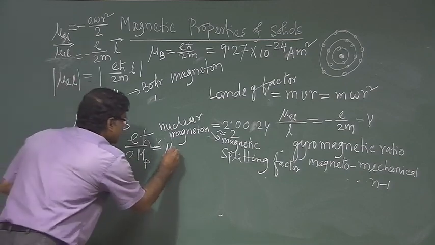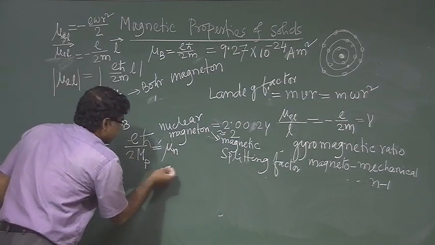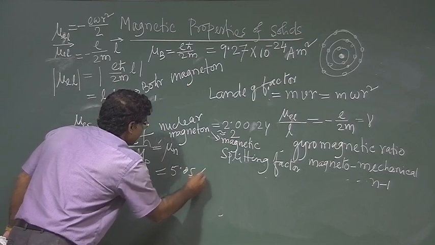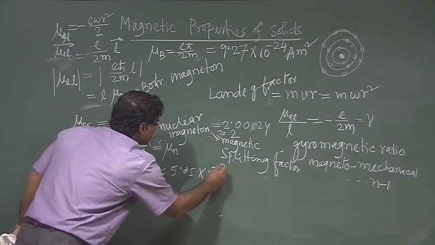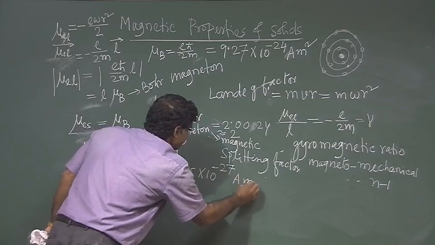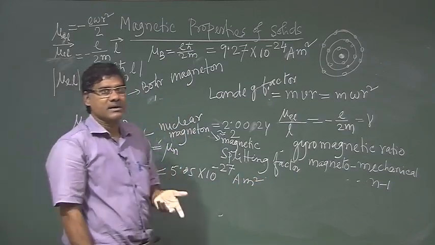So, this we write as mu n. Its value is 5.05 into 10 to the power minus 27 ampere meters. So this is the magnetic moment that comes from the nucleus.